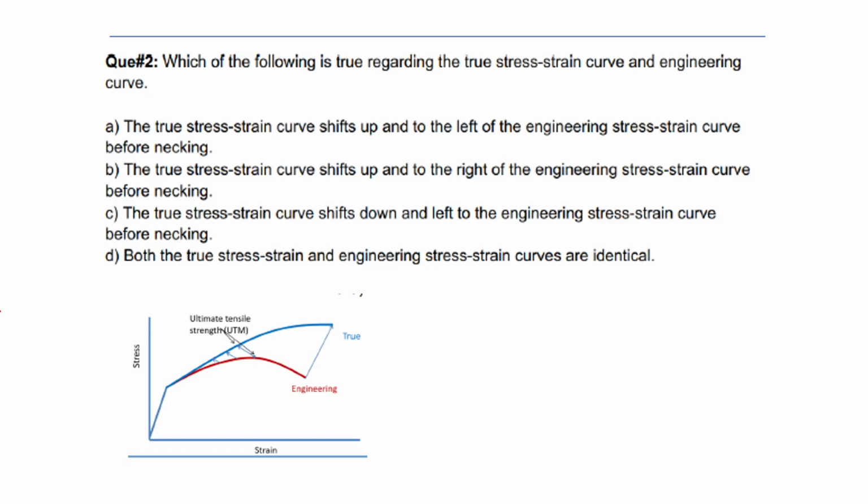The true one is above the engineering one. This true curve will shift up and to the left of the engineering curve. So that's why we can say the first option A is correct.